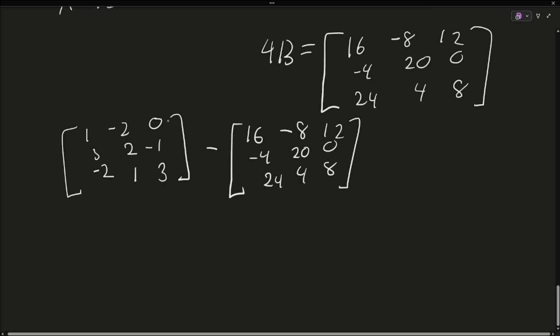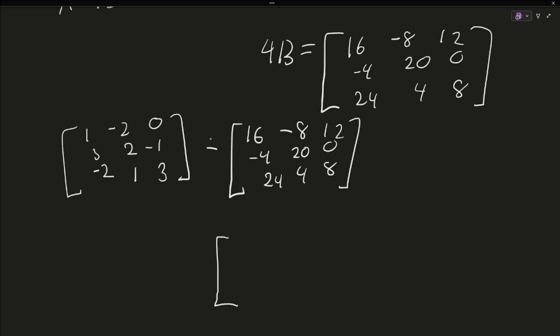So we're going to get the first entry with the first entry. Every entry is added to its corresponding entry, and we're going to go ahead and get 1 minus 16 because of the minus symbol here.